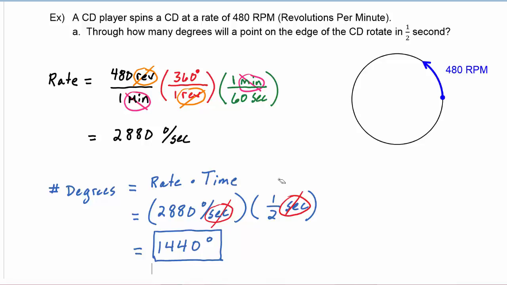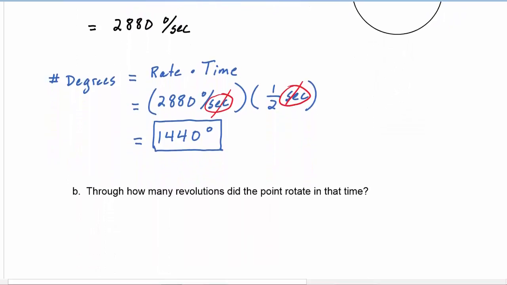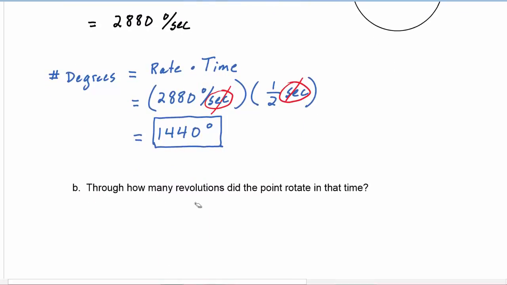Now there's a second part to this question, which asks us through how many revolutions did the point rotate in that time. So we have 1,440 degrees, and we want to convert that to revolutions, so we use a conversion factor that says 360 degrees is 1 revolution.